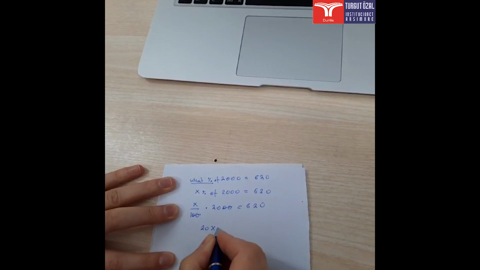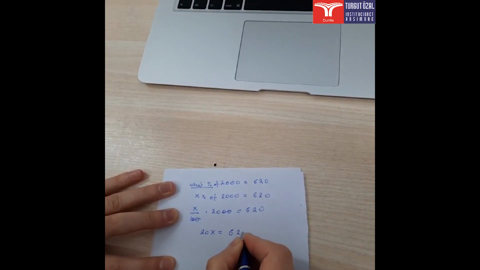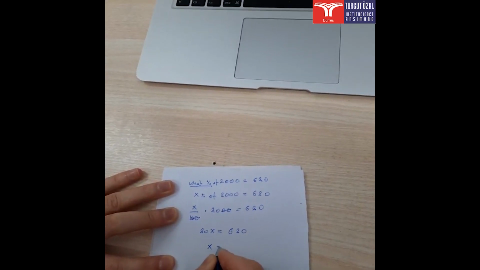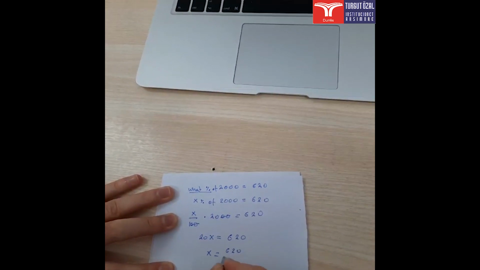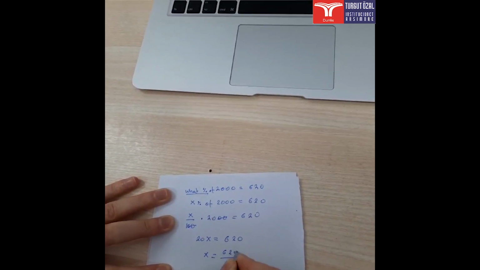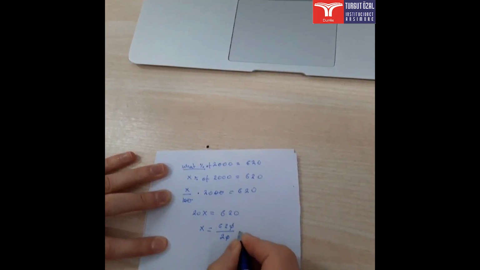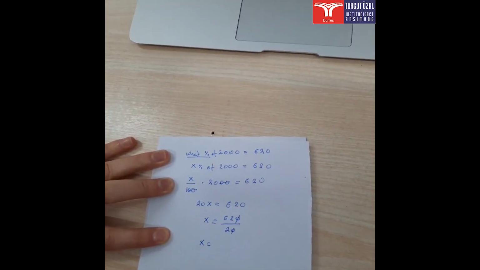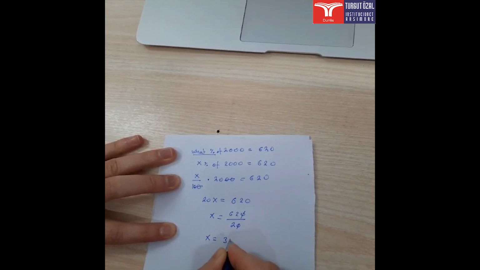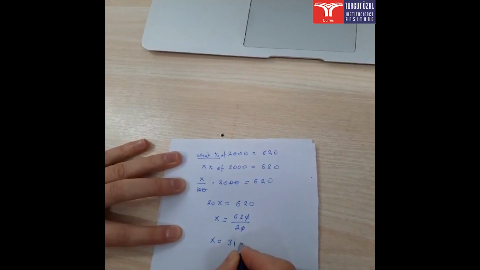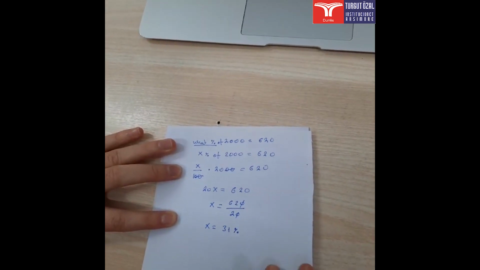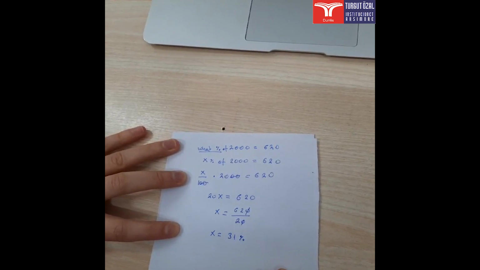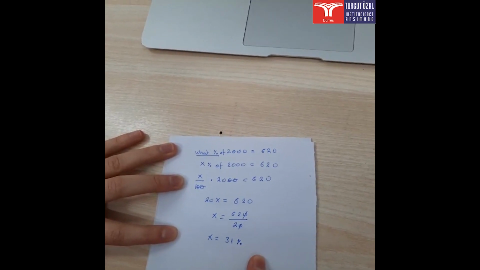So 20x is equal to 620 and x is equal to 620 over 20. If we perform the operations, we get 31. So 31% of the babies were boys.